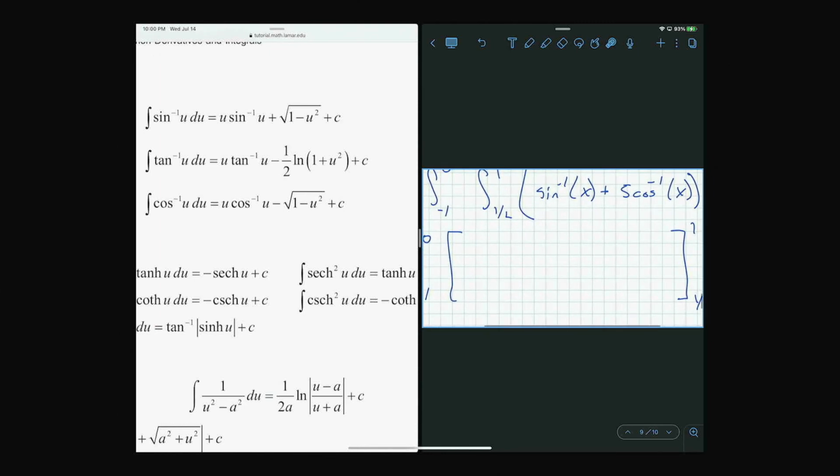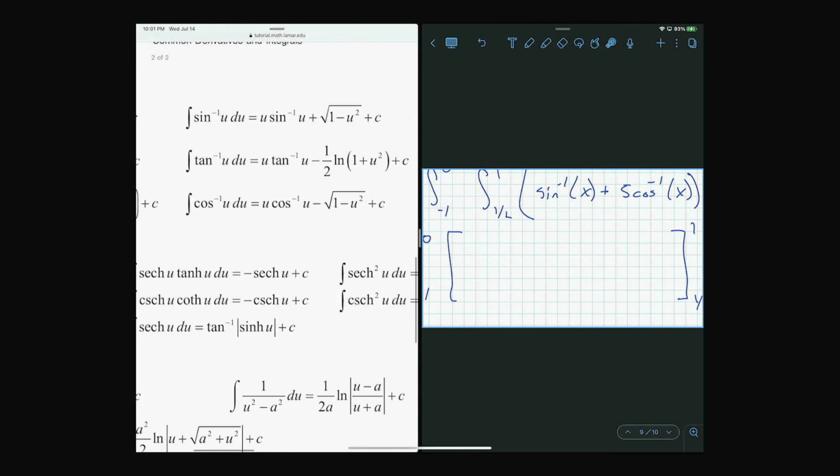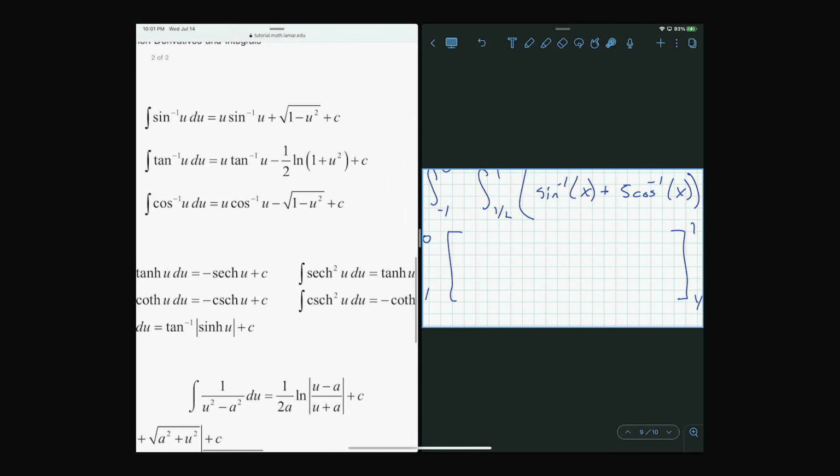So the antiderivative of sine inverse x, here it is, right here. I did not leave myself enough room. So it's going to be x sine inverse x plus square root 1 minus x squared. Okay. And then plus 5 times the antiderivative of cosine inverse, which is right here.